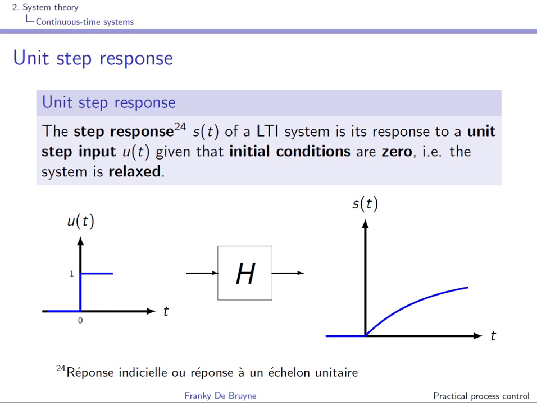And another response that is of course very important in this course is the step response. That is the response to a unit step, again given initial conditions that are 0, so assuming that the system is relaxed. And what you recognize over here is the step response of a first order system again.